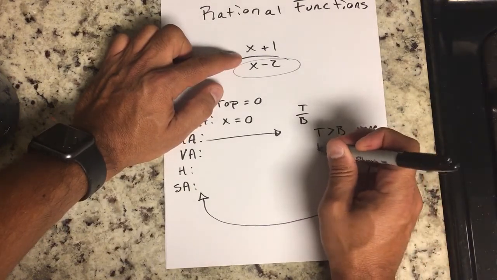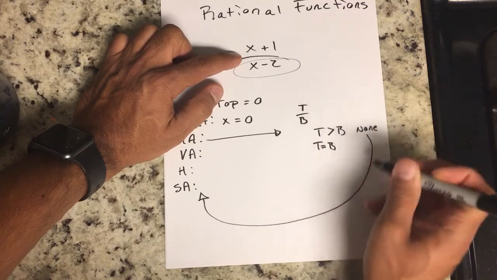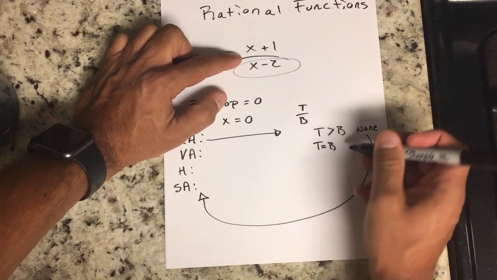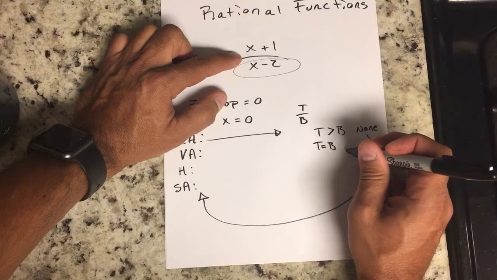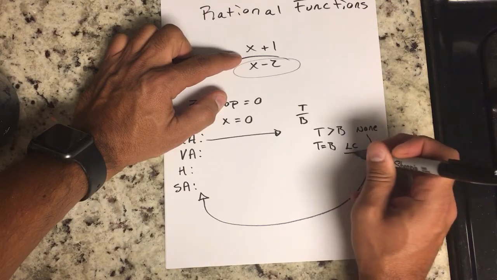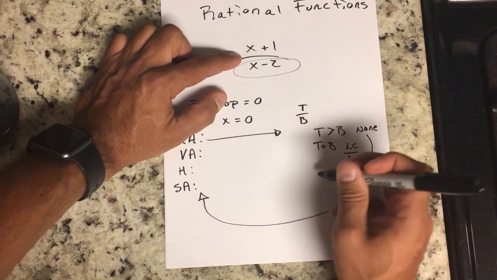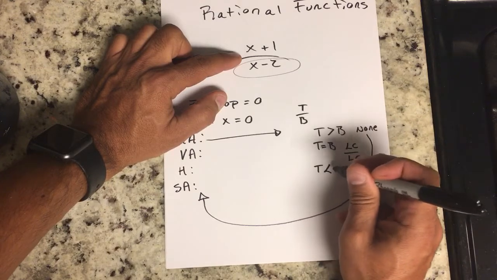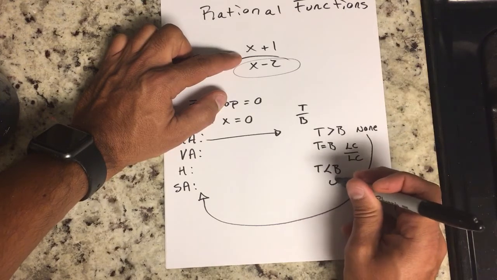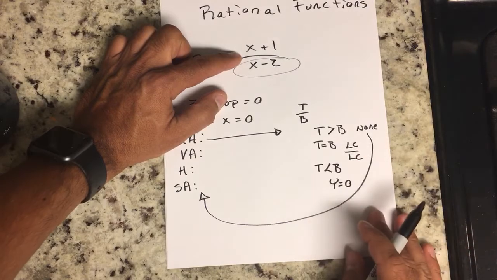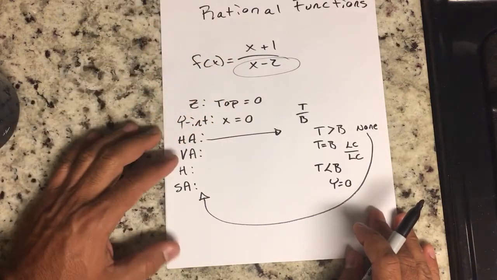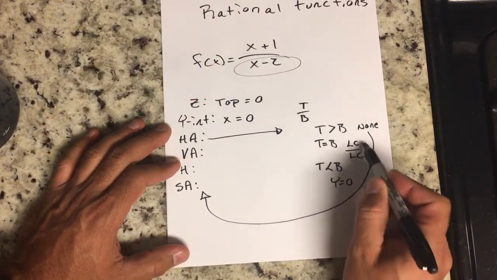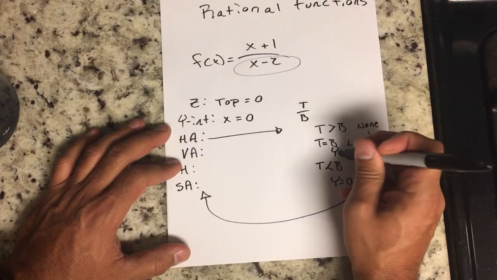If the degree on top is equal to the degree on the bottom, I just divide the leading coefficients. If the degree on top is less than the degree on bottom, it's always at y equals 0. So that's what we're going to do. Now, if I have this, this should be y equals.